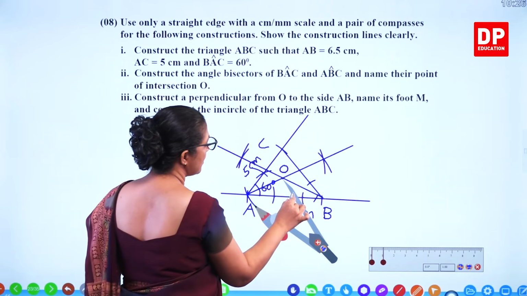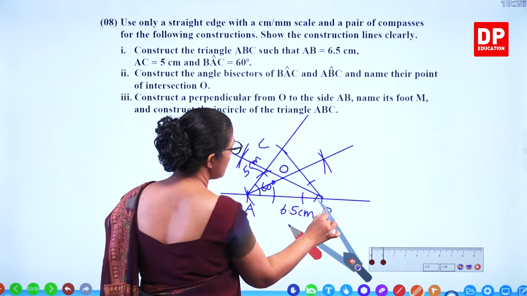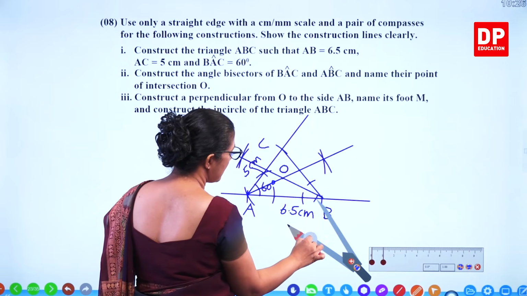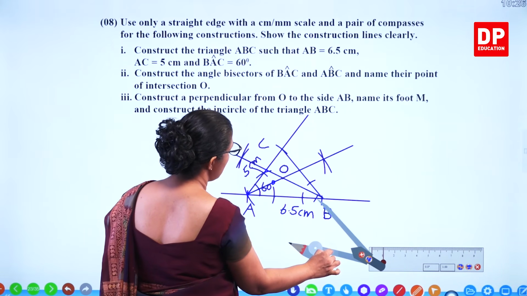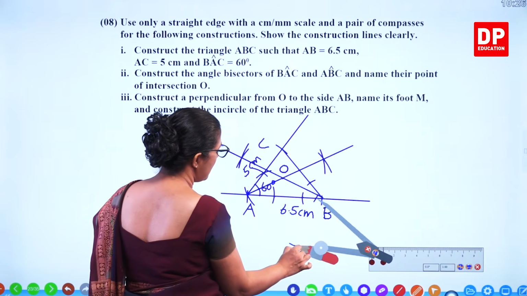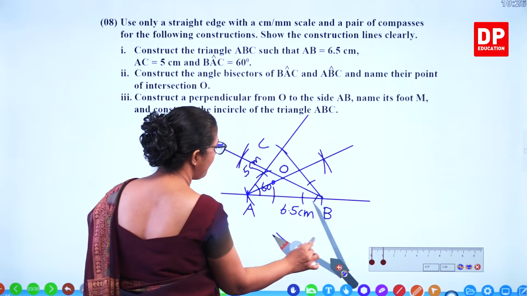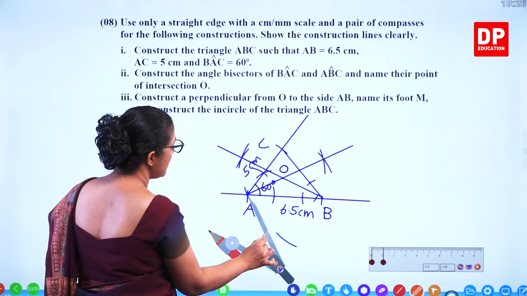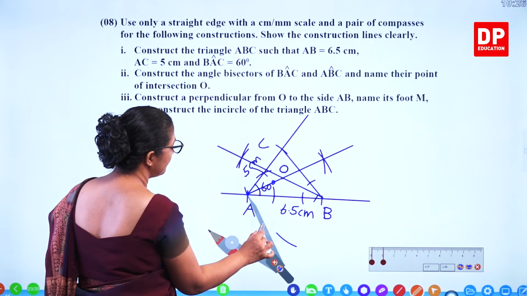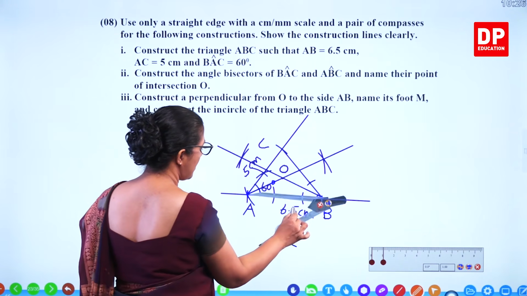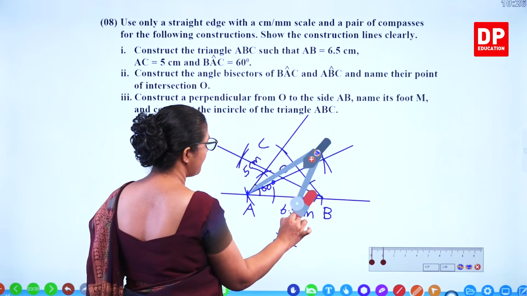Now take the same distance or more than that, and mark the arc in the middle, keep it here and draw the other arc here.